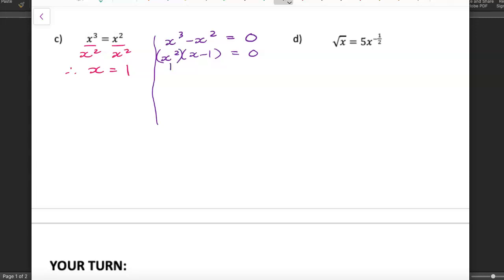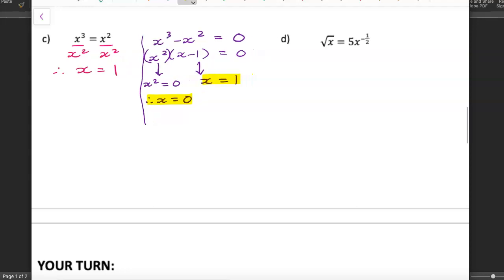So in fact, we do have 2 solutions. We have the solution that x equals 1, but we also have the solution that x squared equals 0, therefore x is also 0. So we can see that our approach to a question could either gain us 2 solutions or only reveal 1.